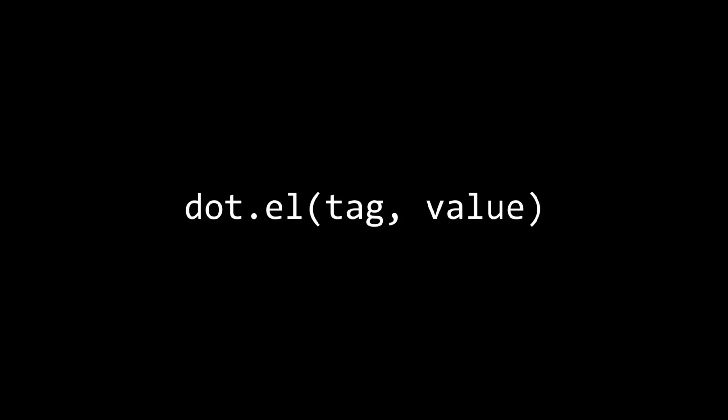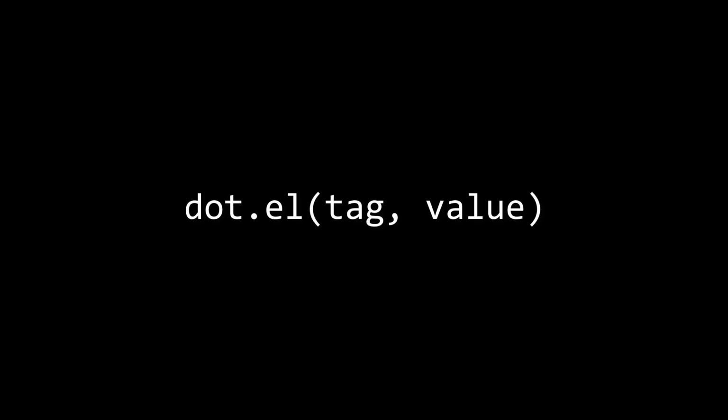And there you go. The last thing I want to say about element building functions is that suppose that in the future HTML gets updated and it has some tags that I don't support, then, well, I promise that I'll come back and I'll update the library to include those, but you could always use the dot.el function to add your own custom tags. You know, in theory, you could even use that to build custom elements because it just accepts two parameters.